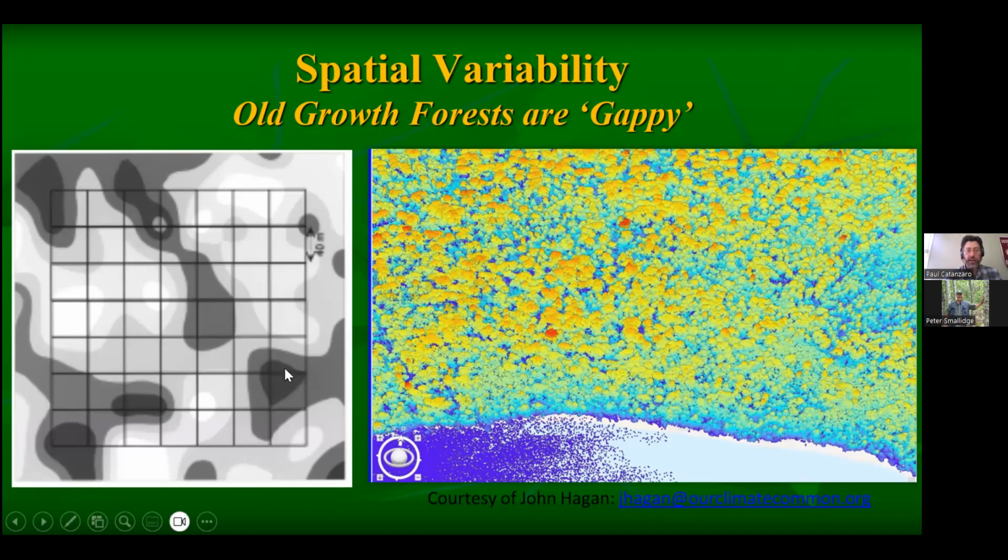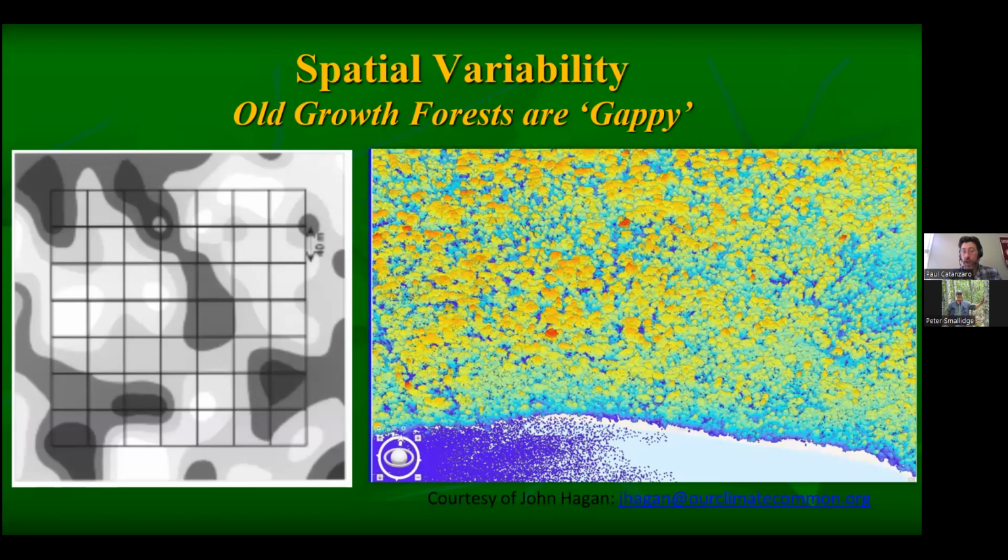So we've got these dark areas, but we also have these very light areas where some disturbances have come in and actually created some open conditions by killing some trees. And so what I want you to get from that picture is just the patchiness or the irregularity of these forests due to the periodic disturbances that happen over the centuries.